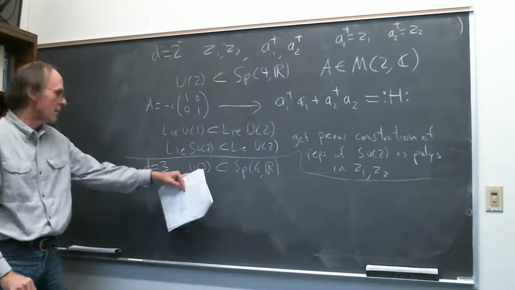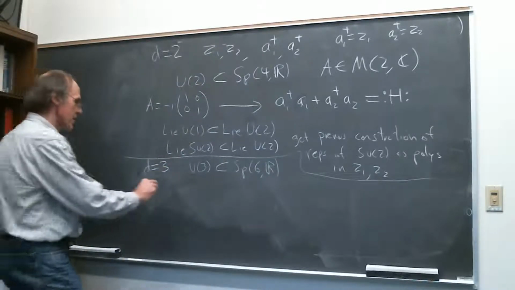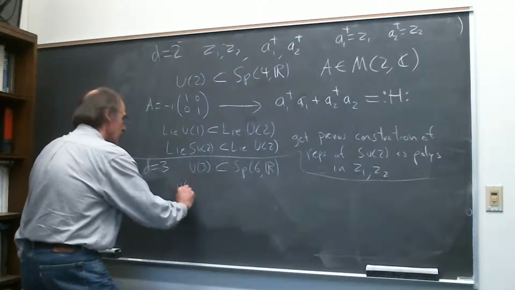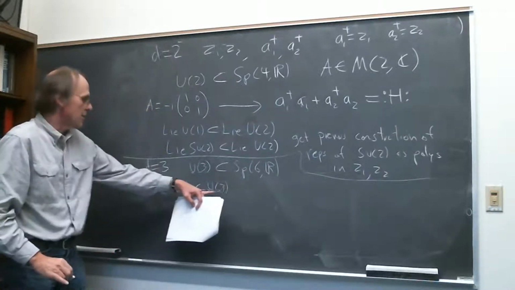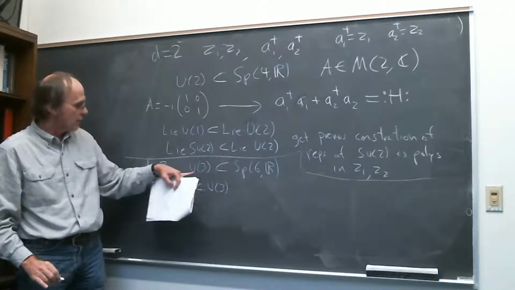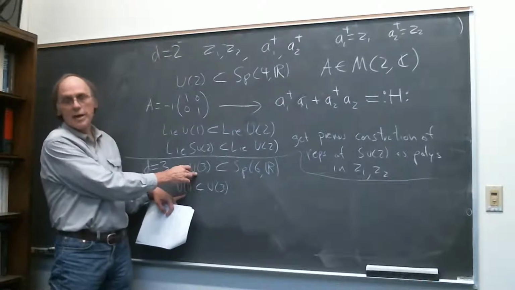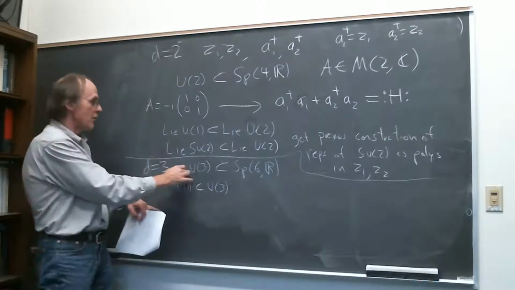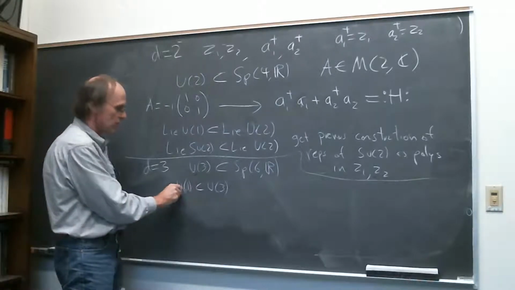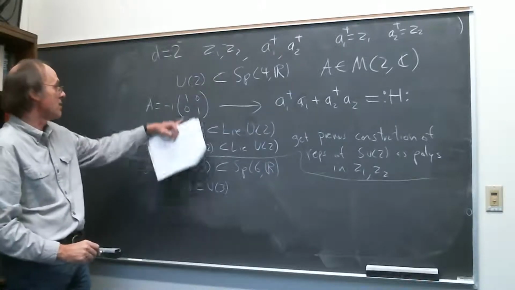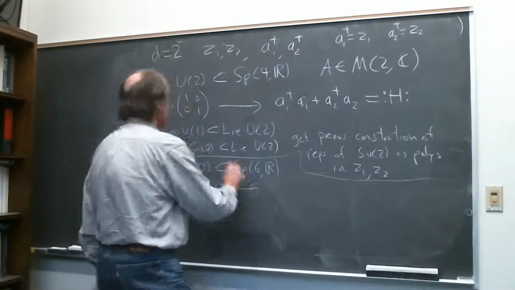You have a U1 inside U3, the overall phase, which you can get by taking the determinant of the matrix. That gives you a U1 subgroup, and that corresponds to this guy.